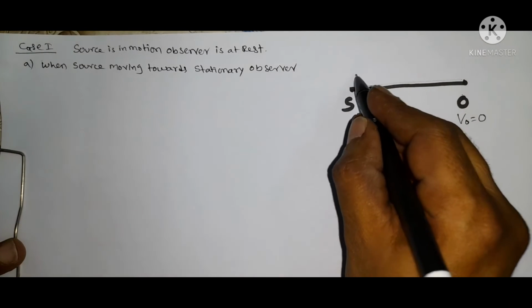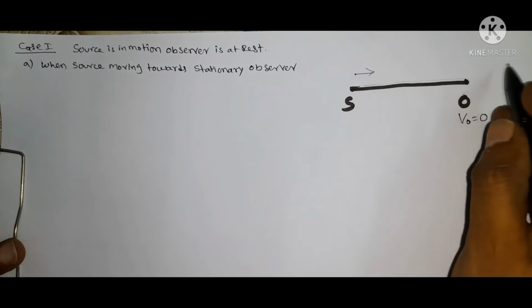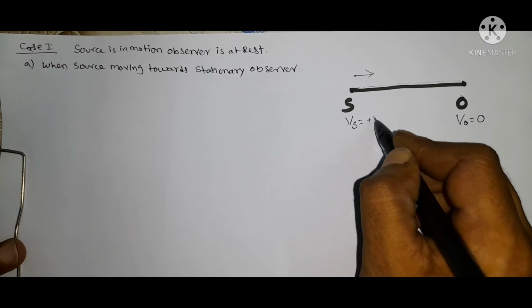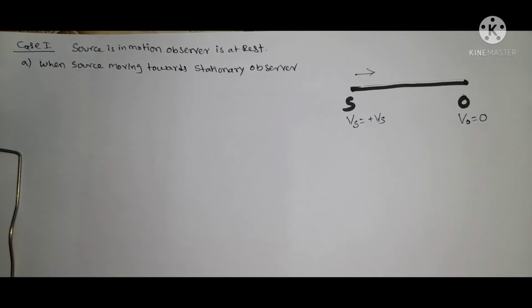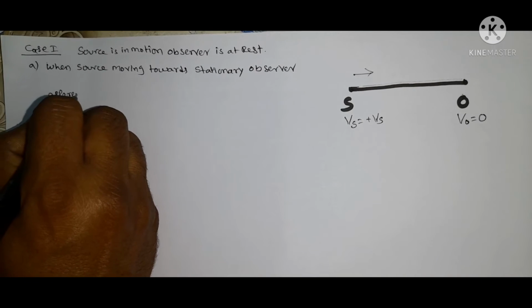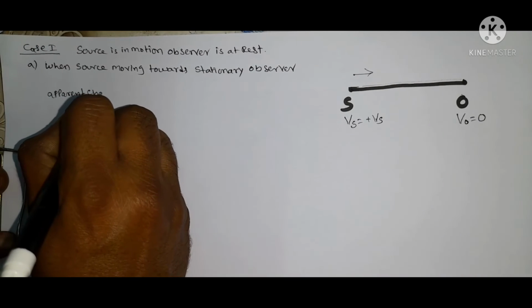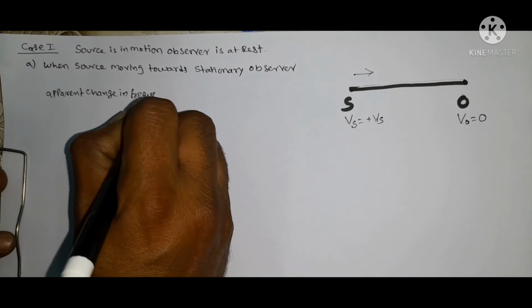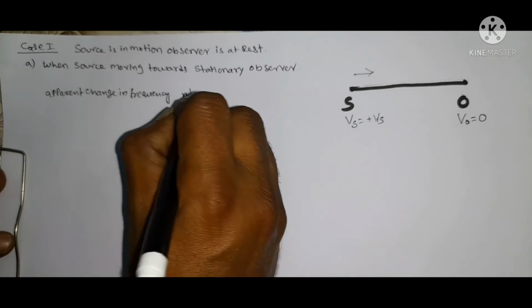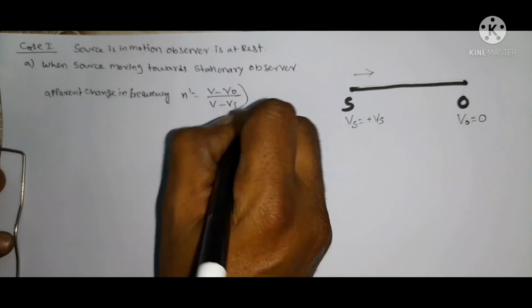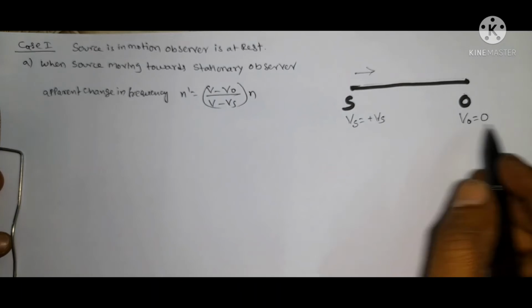Source is moving towards the observer, so the arrow will be in the right direction, and the velocity of the source is plus Vs. Then what happens to the apparent frequency? The formula is n dash equals V minus V0 by V minus Vs into n. Now substitute the values here.